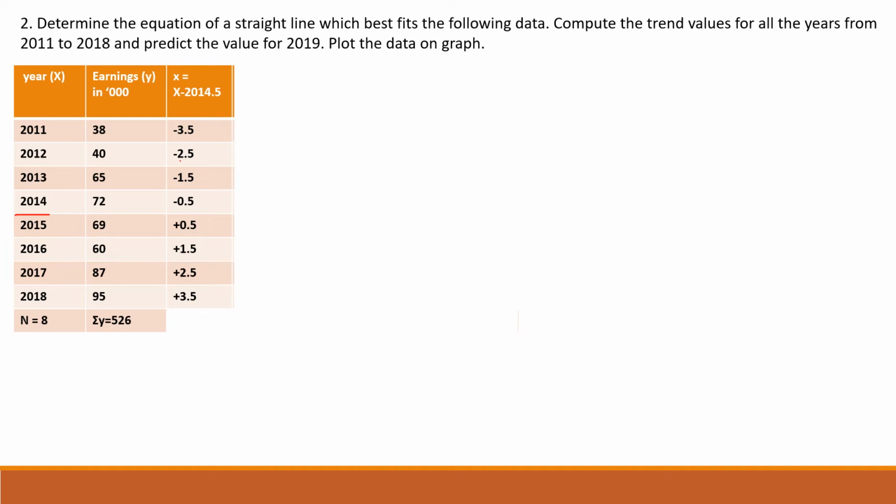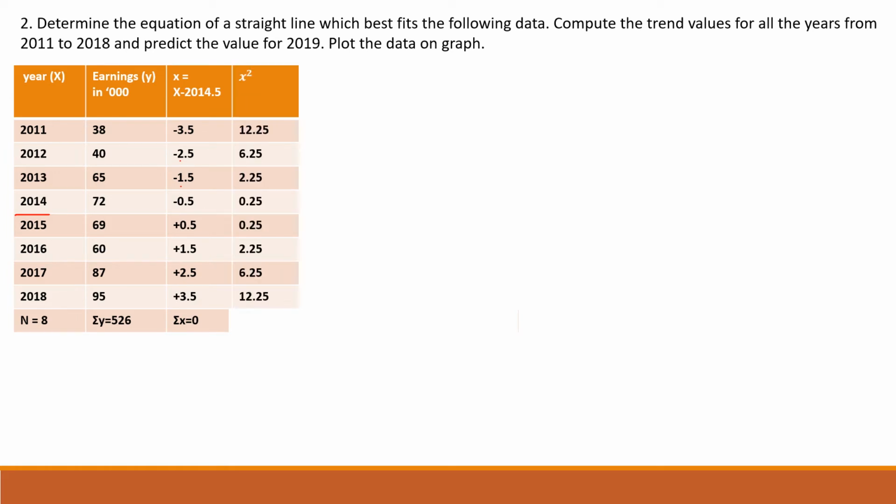Next 2013 minus 2014.5 is minus 1.5. Next 2014 minus 2014.5 is minus 0.5. The same way we have to calculate for all the years. Then summation x will be equal to 0. So we can directly apply the formula.